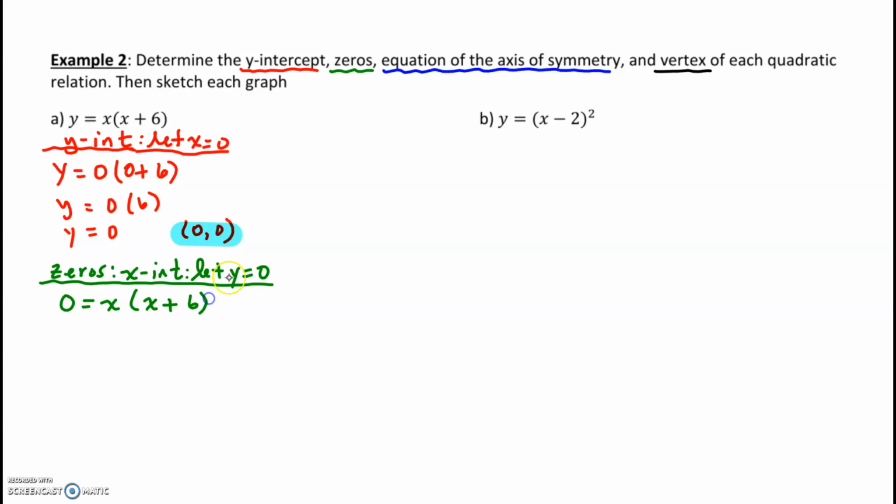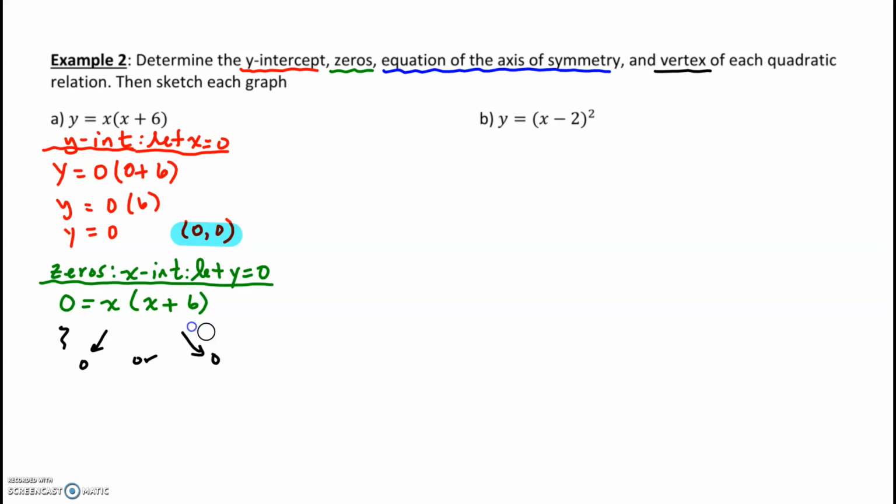Now remember, we have two factors here. I have a factor of x and a factor of x plus 6. And the word factor, remember, are numbers that multiply together. So when these multiply together, they have to give us 0, which means this has to equal 0 or this has to equal 0. So let's do the work to show that.